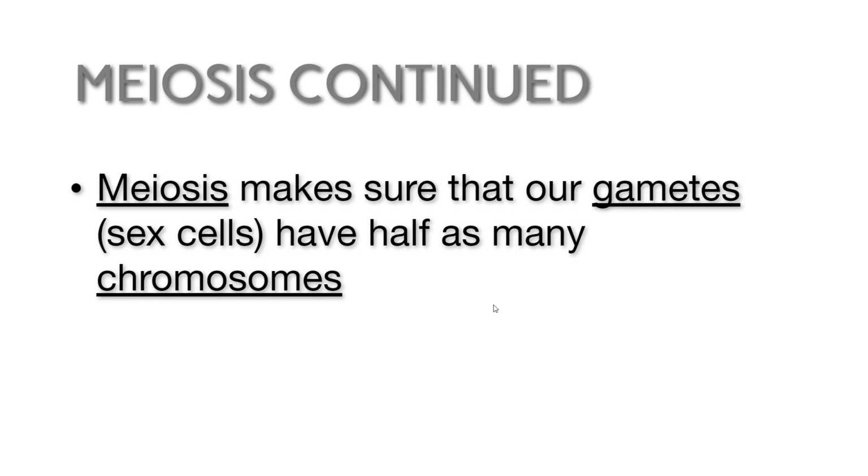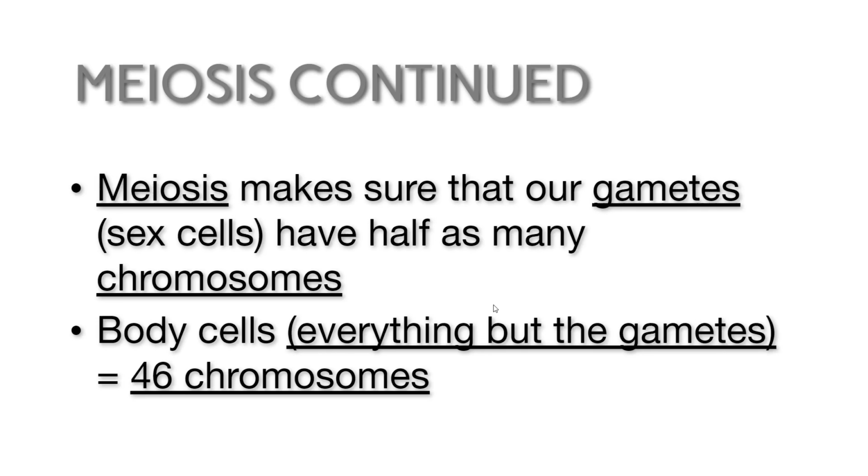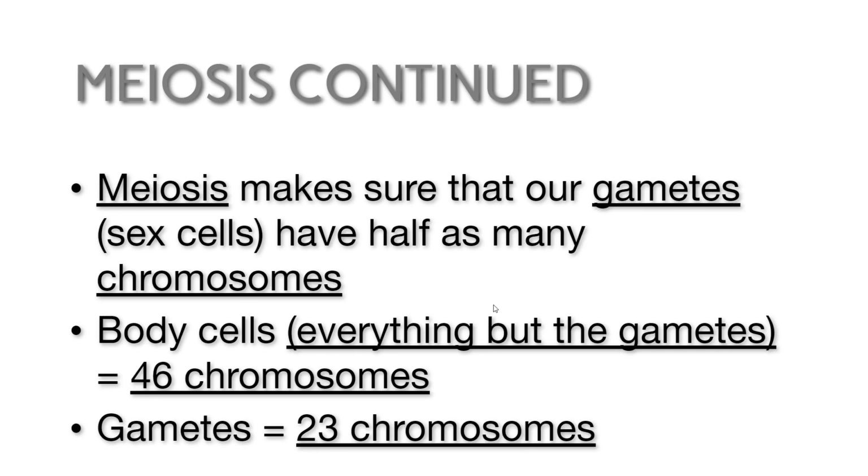Meiosis makes sure that our gametes, or sex cells, have half as many chromosomes. Body cells, everything but the gametes, right? So everything but the gametes is 46. Okay, gametes are 23.